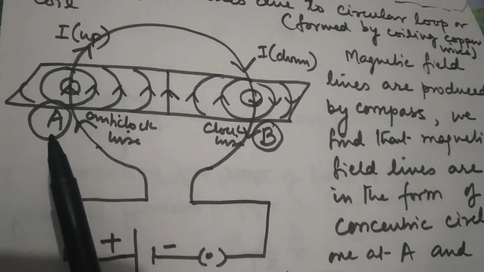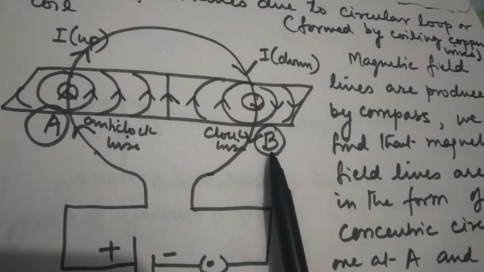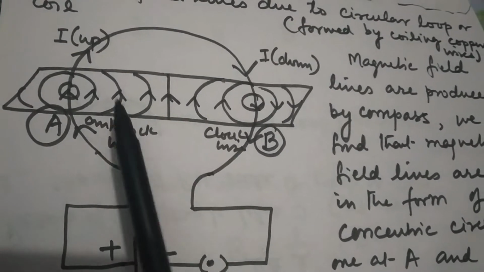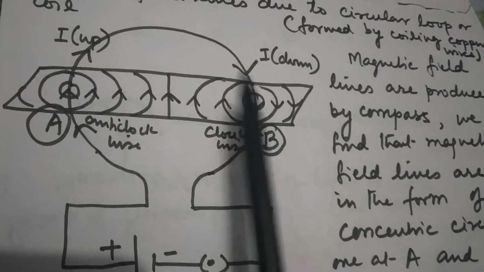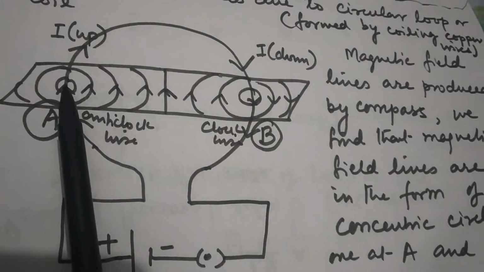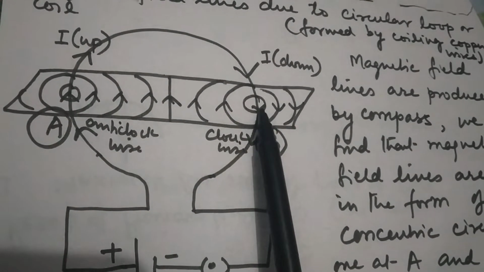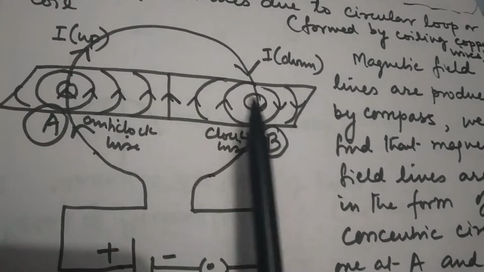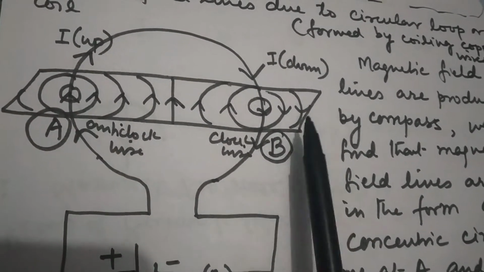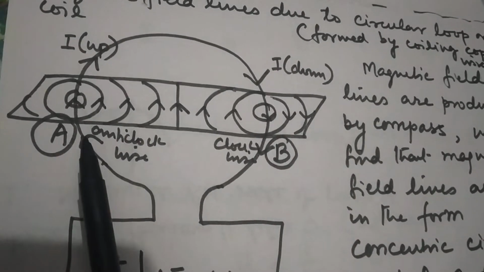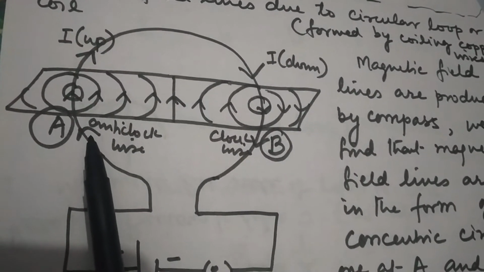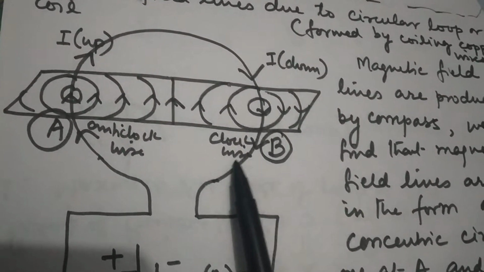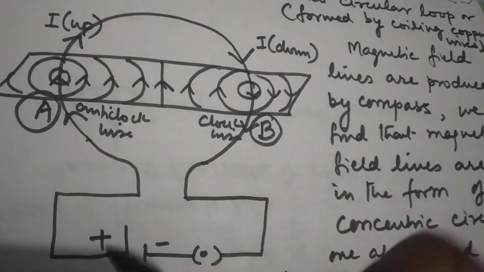Dear student, please follow, there are two points here, A and B, and if you draw the magnetic field lines with the help of a compass, they come as a pair of concentric circles, one at the end A and the other concentric circle at B. One concentric circle is not formed here; we are getting a pair of concentric circles, one at end A and one at end B. If you see very clearly, the current is going up here and moving down here, because the current moves from plus to minus.